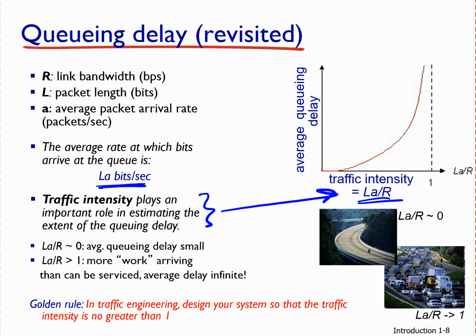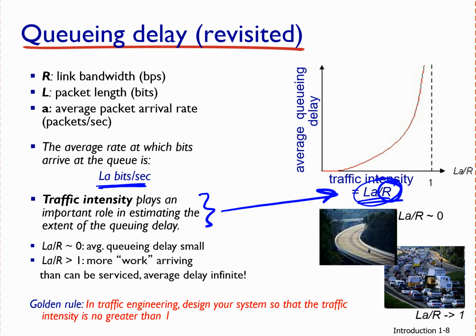Now let's look at this. The value of this traffic intensity will give us information about the delay in the network and what might happen to those packets. If the queuing delay is very small, that means the link bandwidth is fast enough to take all the packets as they arrive in the network.